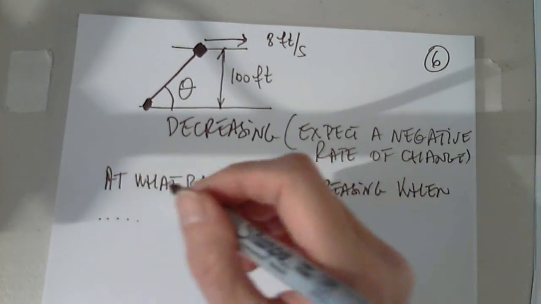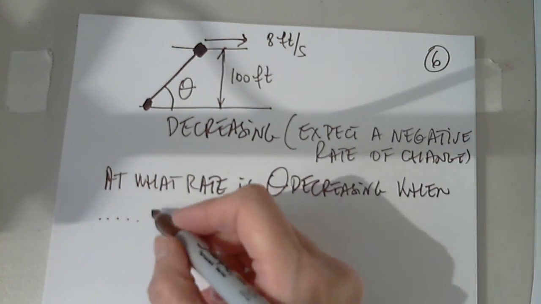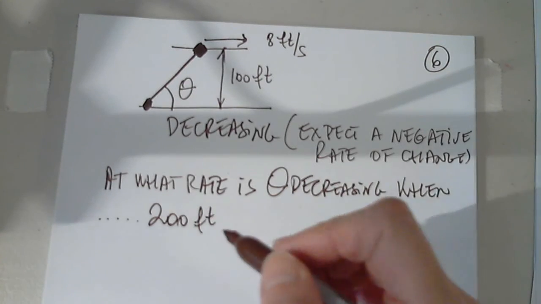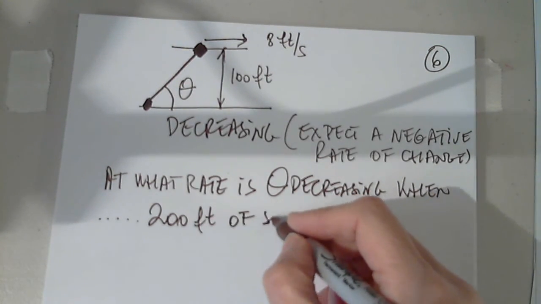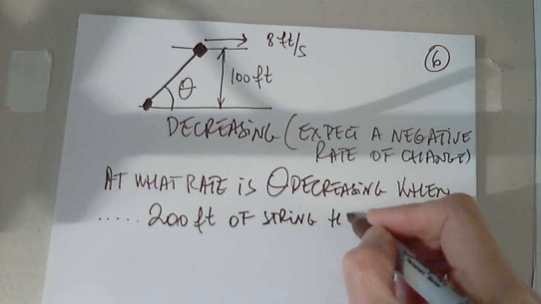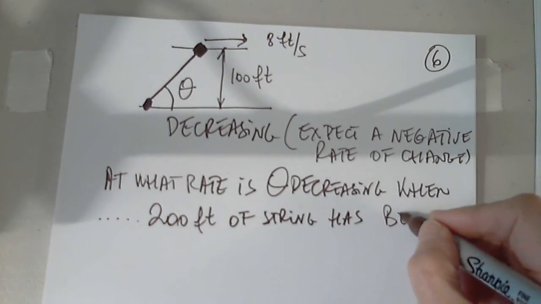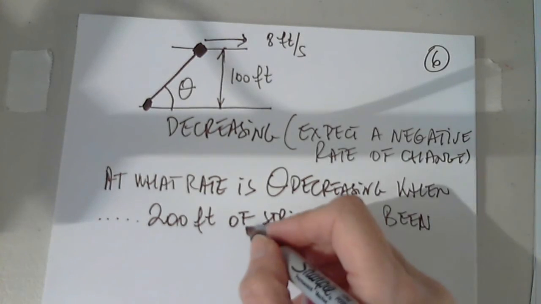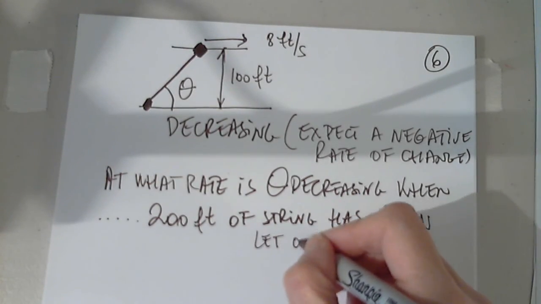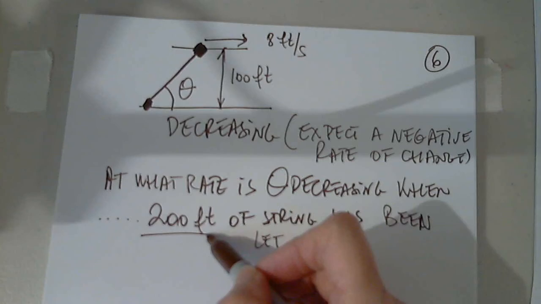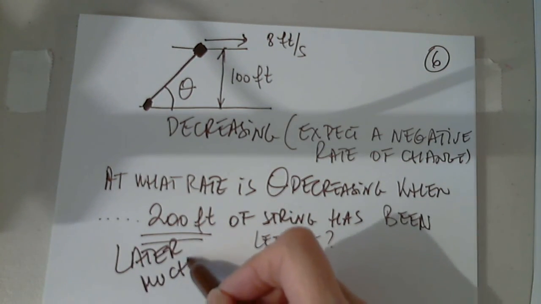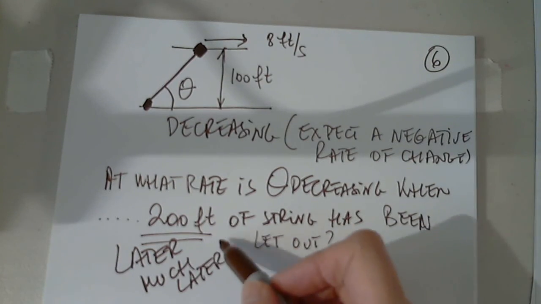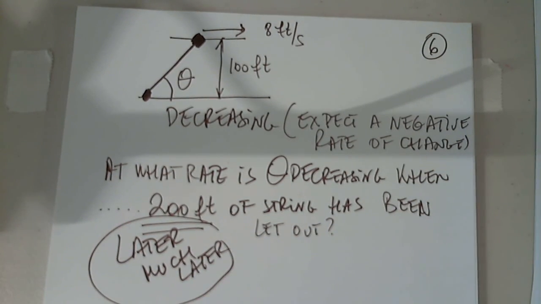You know that I don't care about the when, but I would write it. So remember this later, much later. We need to make sure that you're not putting it into any calculation at this point.